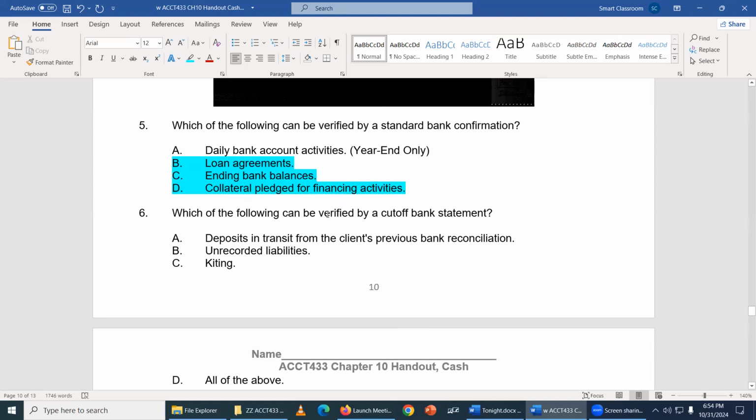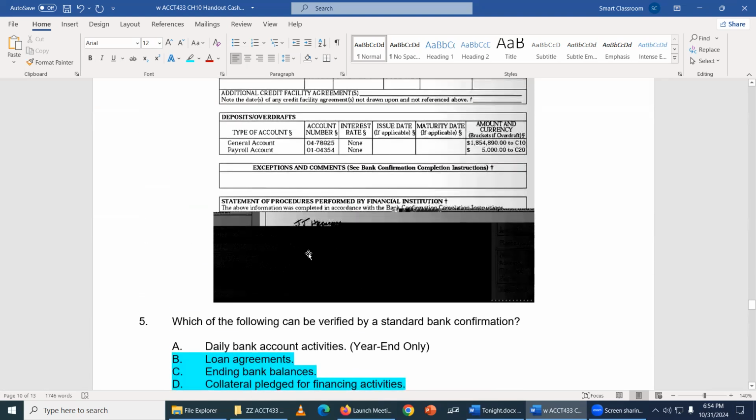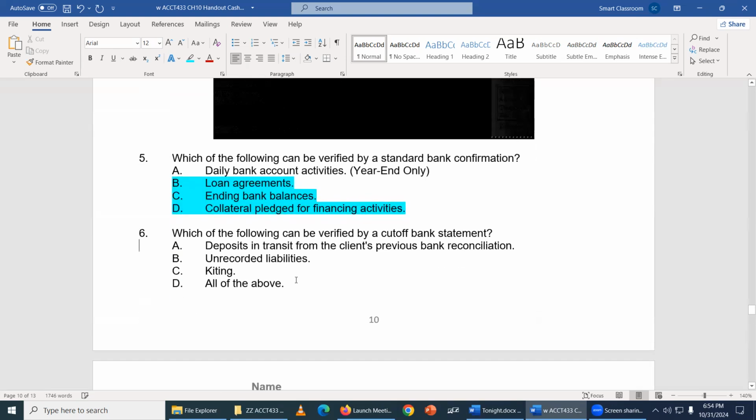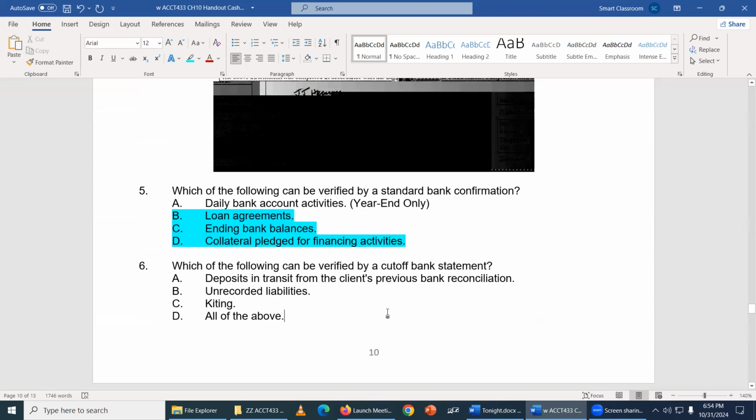Six. Which of the following can be verified by... wait, this got cut off. Hold on. Lost the line there. Cutoff bank statement. We will actually go through this. Deposits in transit, we'll be able to verify those.